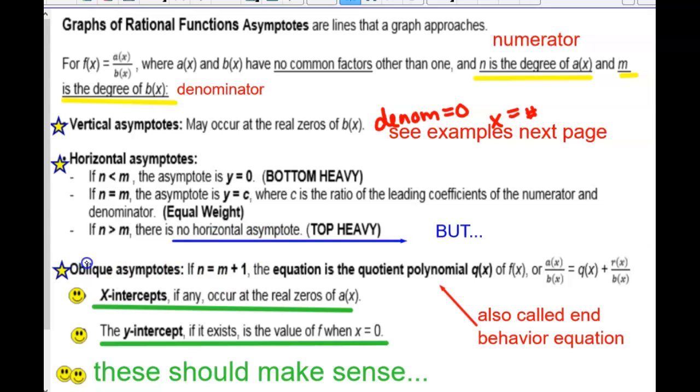But in this class, you're going to have to find oblique asymptotes and what are called end behavior equations, because sometimes the asymptote is actually a parabola or something. And you're going to have to find the x and y intercepts. The x and y intercepts should make sense. The x-intercept is when the top equals 0, and the y-intercept is when you put in x equals 0, same as we've always done.